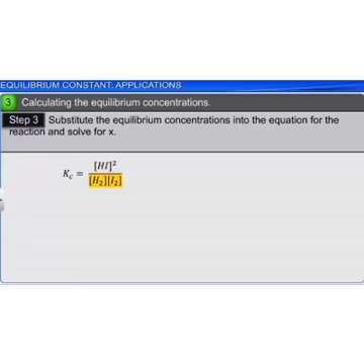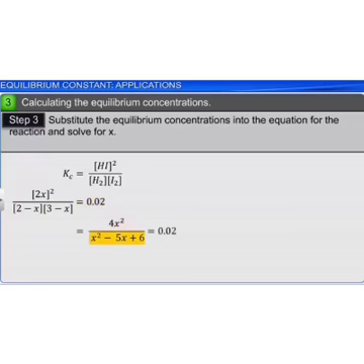On substituting the equilibrium concentrations and the value of the equilibrium constant, we get 2x squared divided by (2 minus x) multiplied by (3 minus x) is equal to 0.02. This is equal to 4x squared divided by (x squared minus 5x plus 6), which is equal to 2 divided by 100.